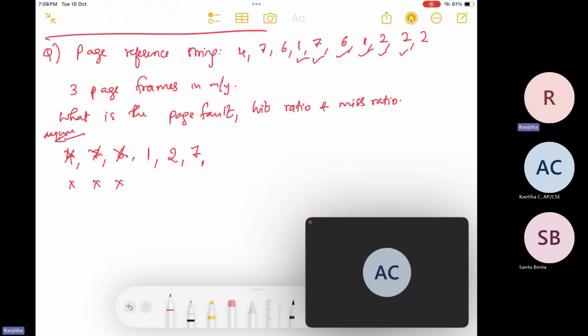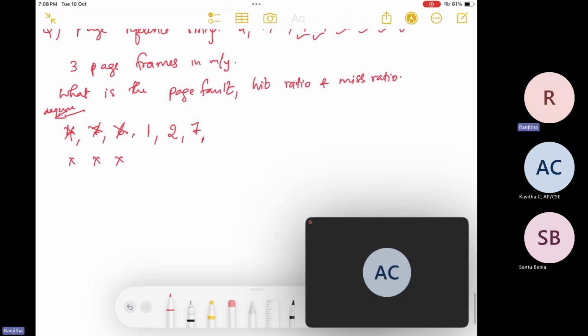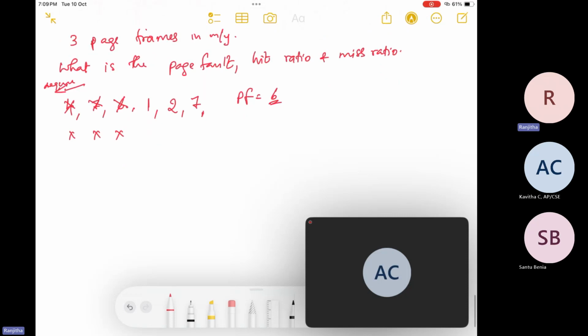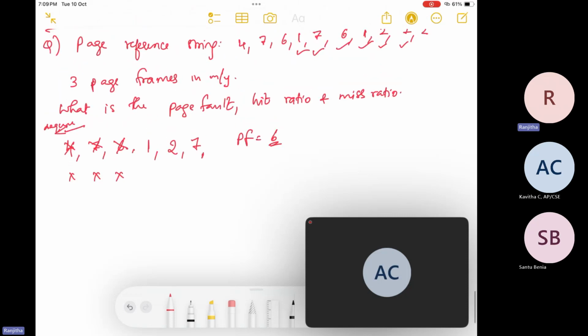So, now let's see how many page faults. Initial 3 page faults followed by another 3 page faults with replacement. So, total number of page faults is equal to 6. And then miss ratio is equal to miss divided by total references.